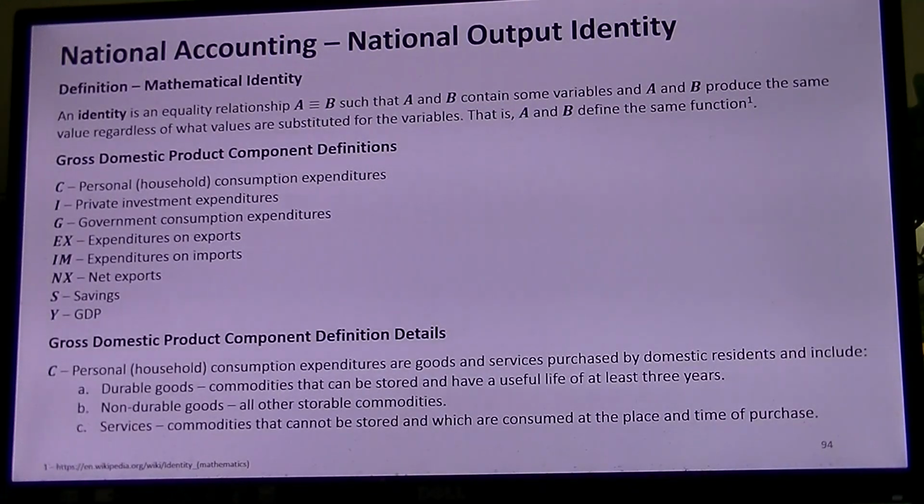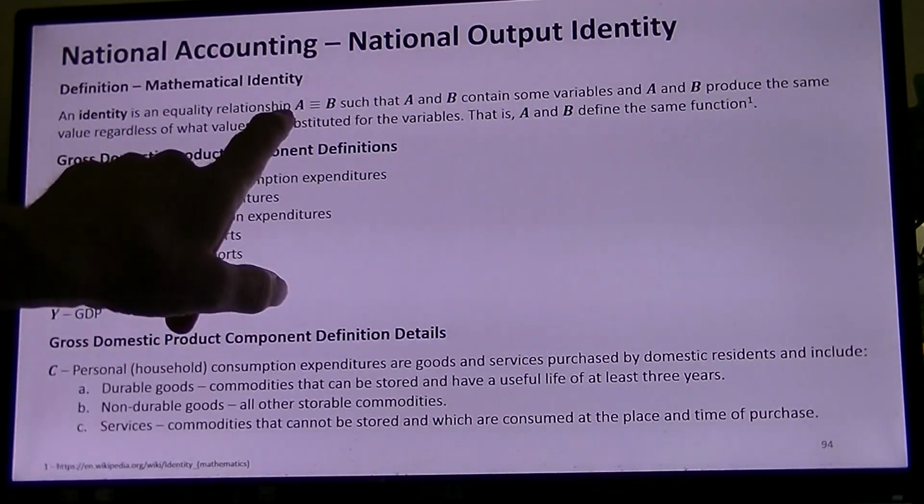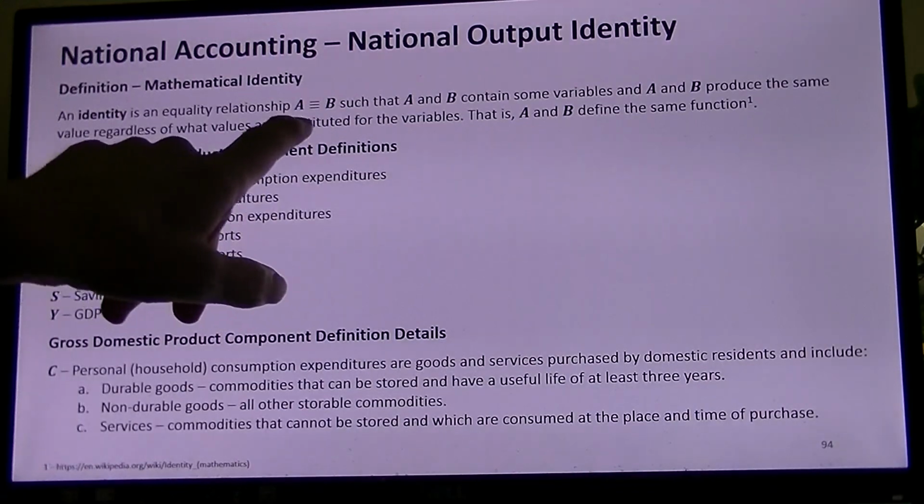What is important is the definition of a mathematical identity, and we'll see the importance of this in terms of GDP. The GDP measures are identities. They're mathematical identities, and an identity is an equality relationship. And that's a triple sign.